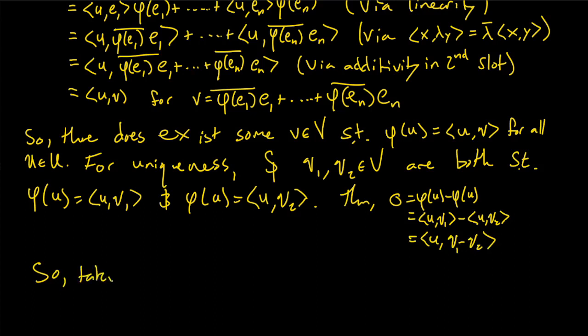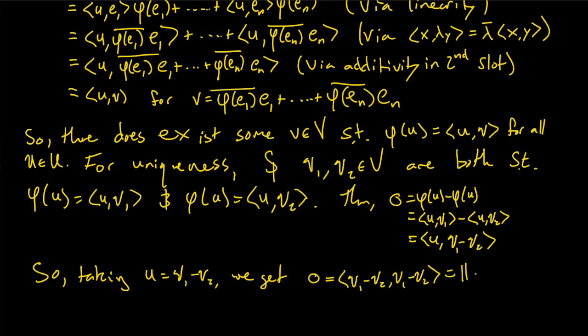So taking u equal to v1 minus v2, we get 0 is equal to the inner product of v1 minus v2 with v1 minus v2, which we know is the norm of v1 minus v2 squared.